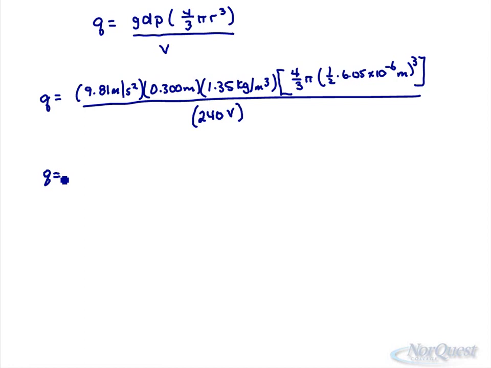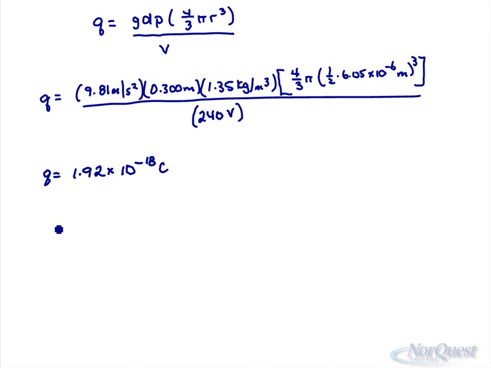Divide that answer by 240. And we should get here a Q value. Let me jot this down. Our charge will work out to 1.92 times 10 to the negative 18 coulombs.